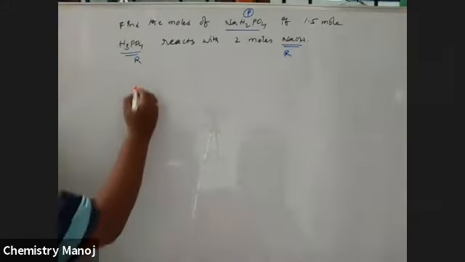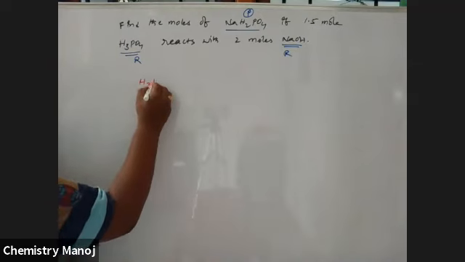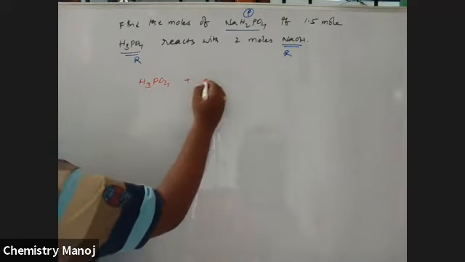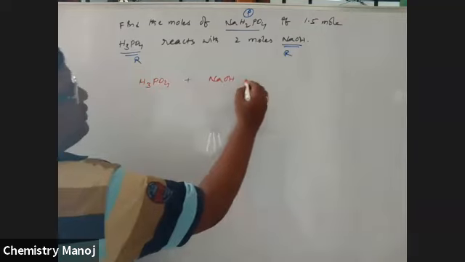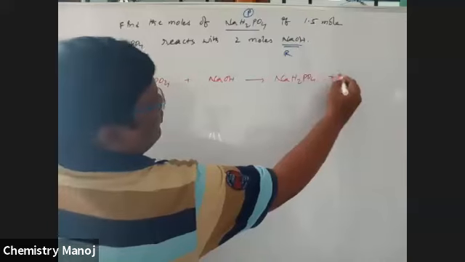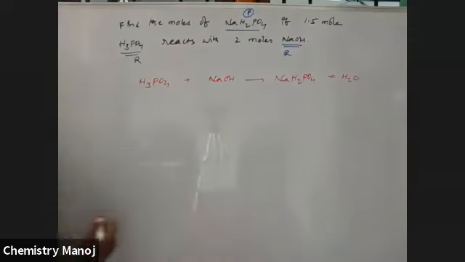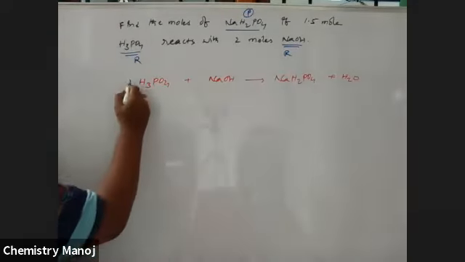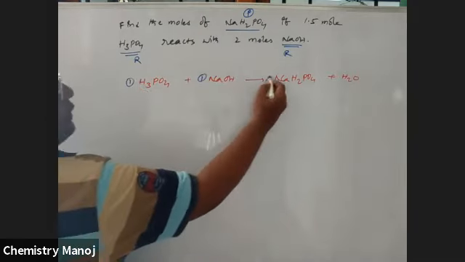Now, H3PO4 reacts with NaOH, gives NaH2PO4 plus H2O. As per stoichiometry, 1 mole reacts with 1 mole, that gives 1 mole.